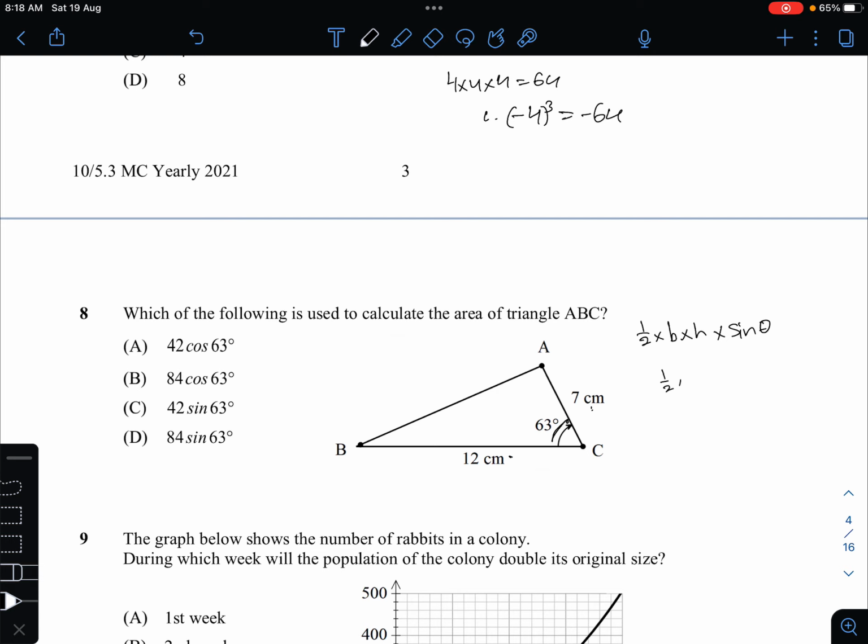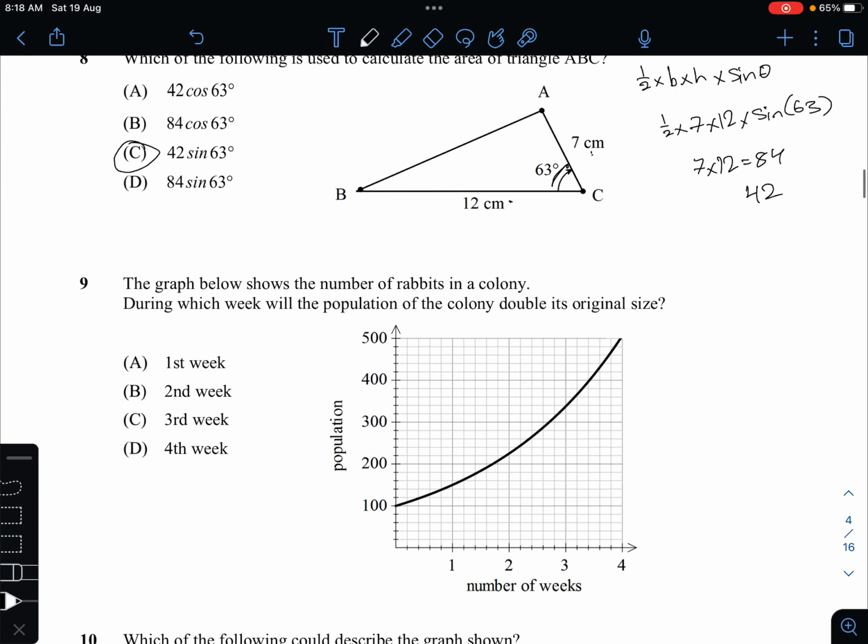Therefore, it's 1 over 2 times 7 times 12 times sine 63, and 7 times 12 equals 84, and therefore half times 7 times 12 is 42, and so our answer is C, 42 sine 63.